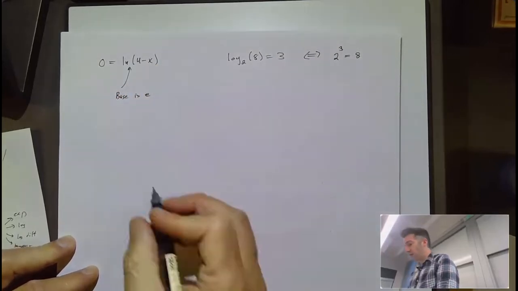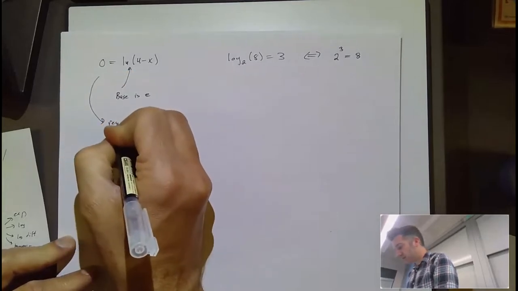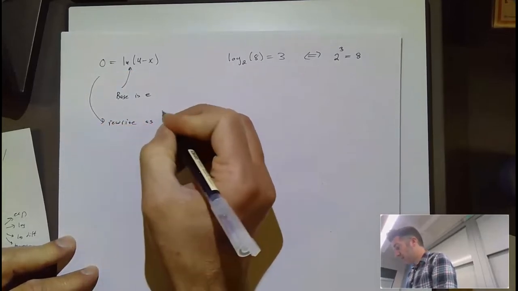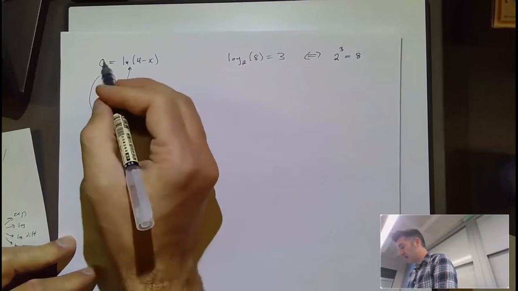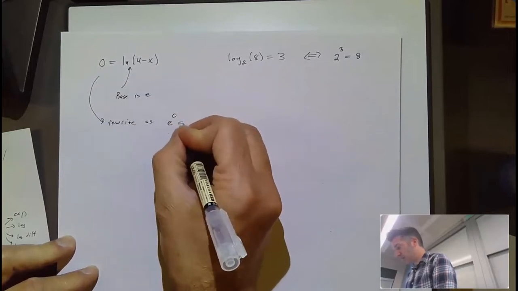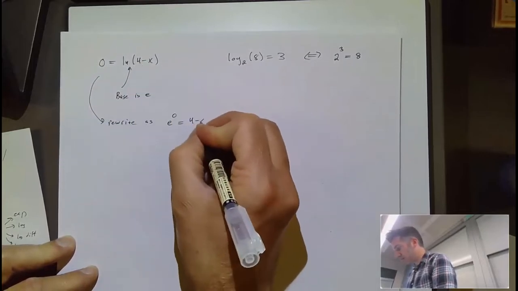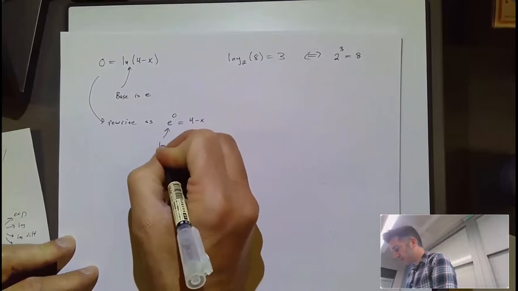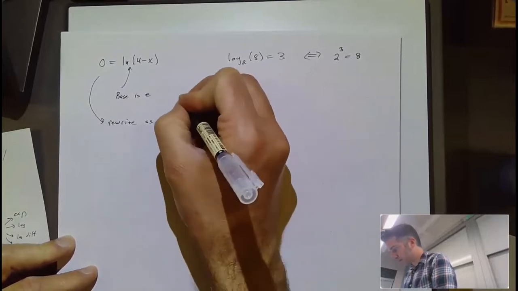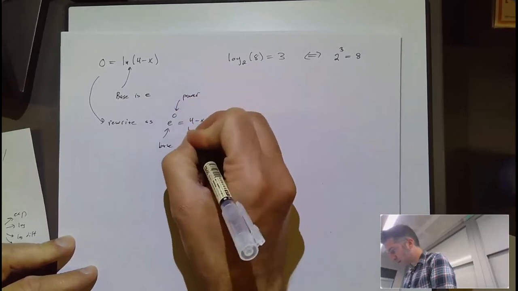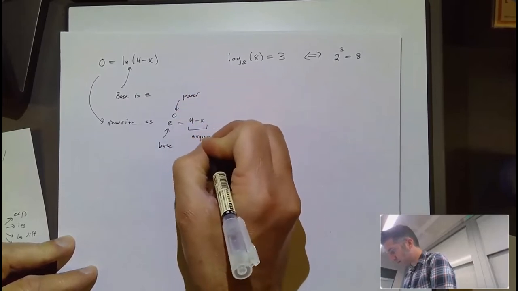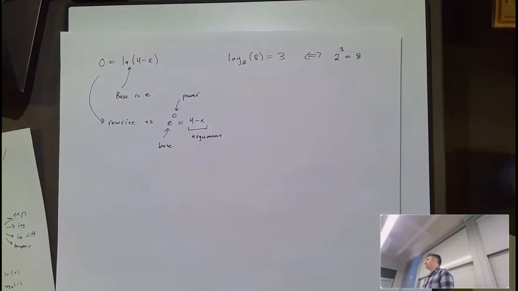And so I can rewrite this as the base to the power is equal to the argument. So that's what's going on, and that's always the relationship between exponential and logarithmic equations.